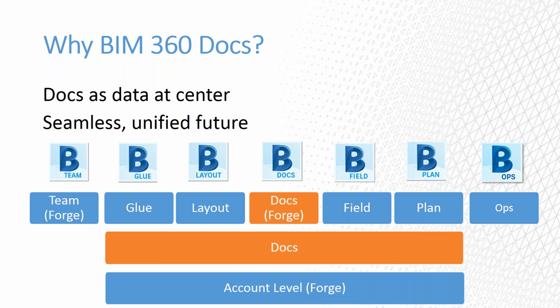And then in a way, Docs will probably step out from the mainstream, because the main features will be like Glue clash features or Field quality management features. And in future, probably next year or beyond, we are expecting to have other parts, for instance Plan and then Team, joining this as well.